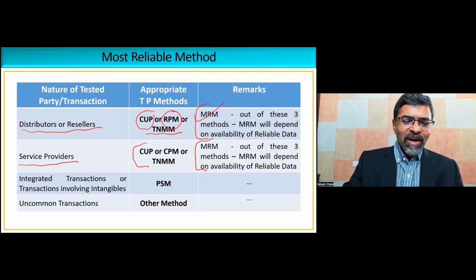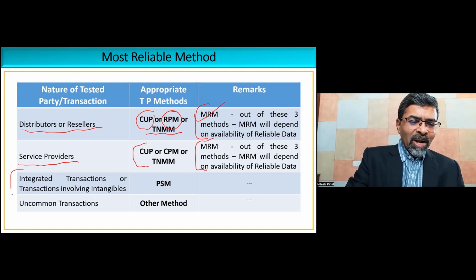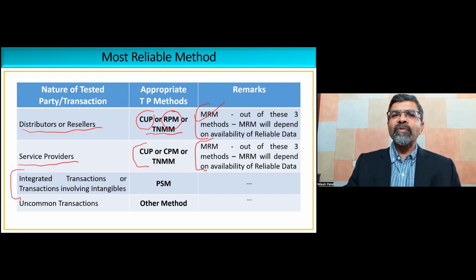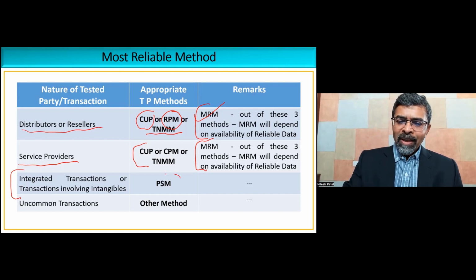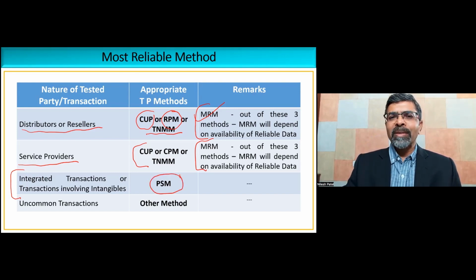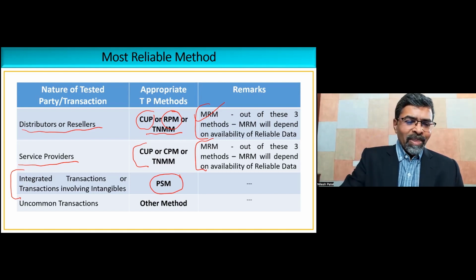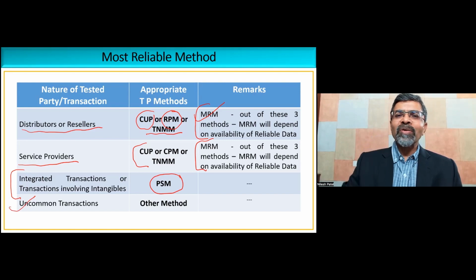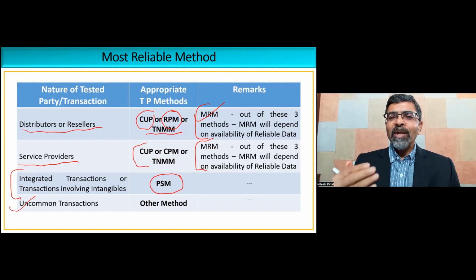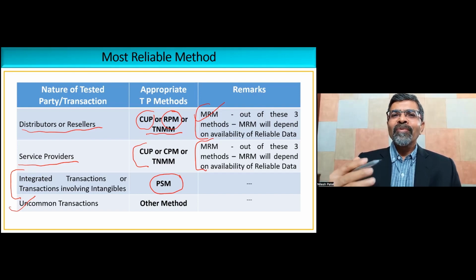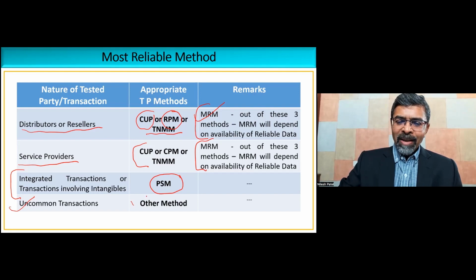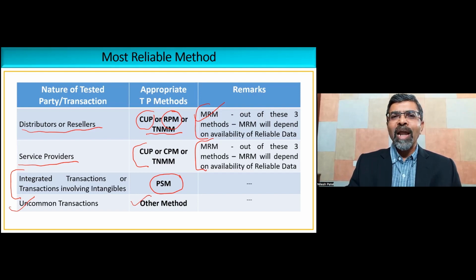For highly integrated transactions or transactions where both related parties contribute valuable intangibles, we can apply profit split method as the most reliable method. And where there are certain uncommon transactions like transfers of intangibles, transfer of businesses, sale or purchase of fixed assets, there we can apply the other method as the most reliable method.